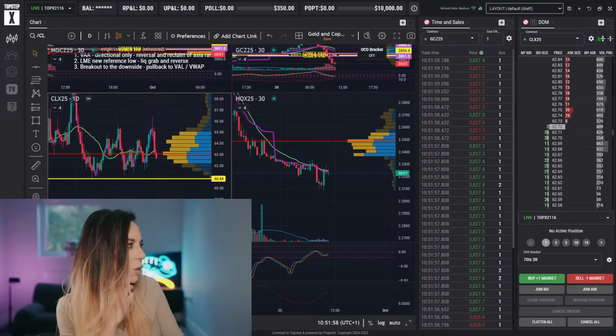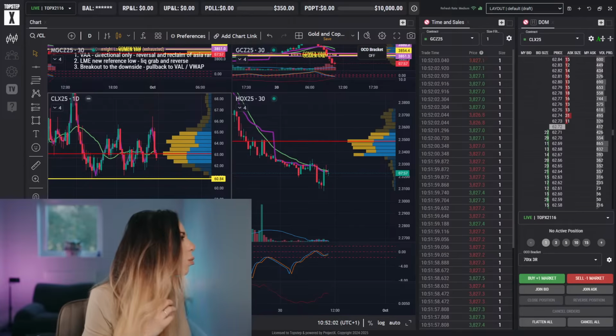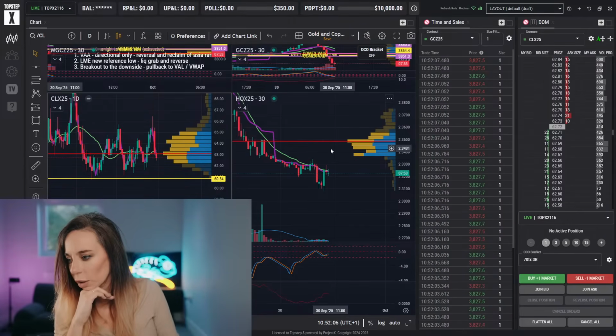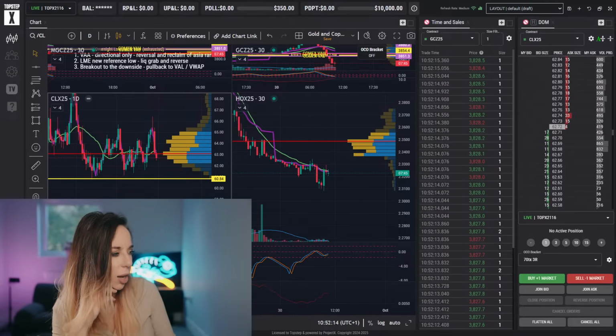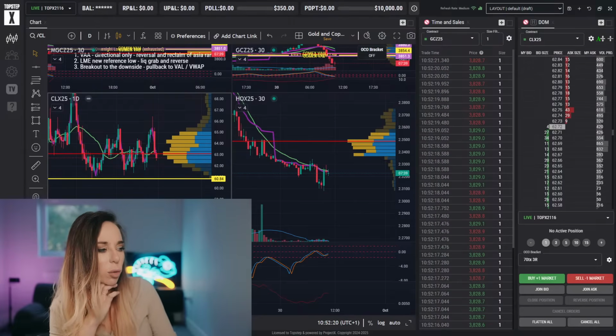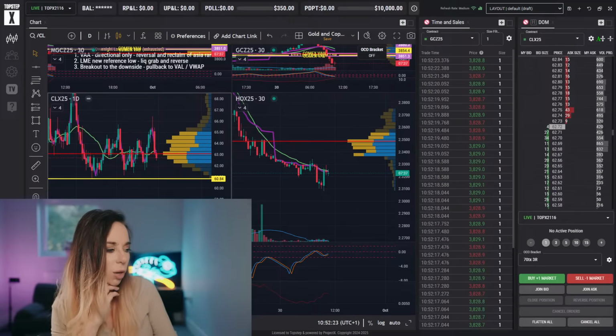All right, so average daily range on heating oil is 235.6. So all the way up here. And heating oil, I don't think I have any options levels for it, but I can try and convert crude oil levels because they're so correlated.